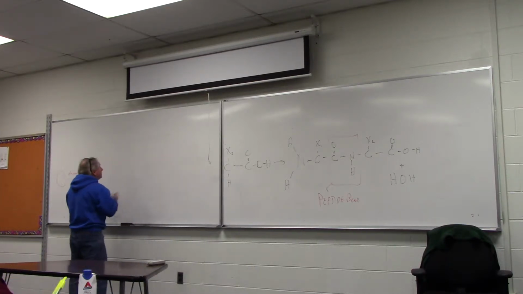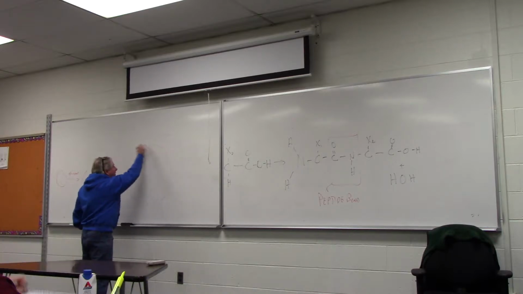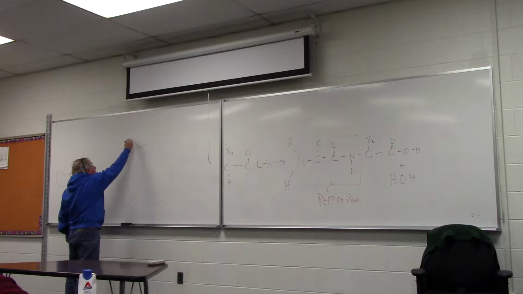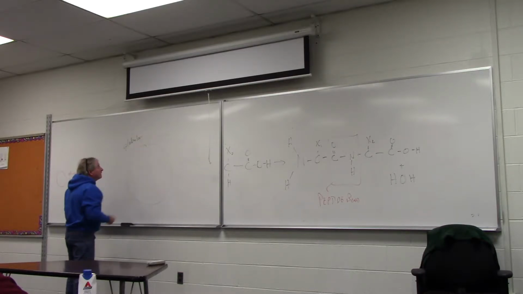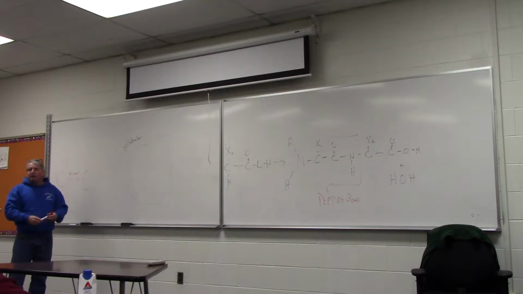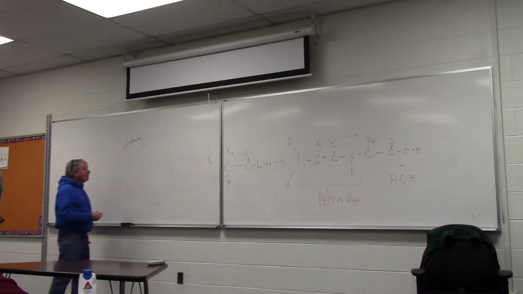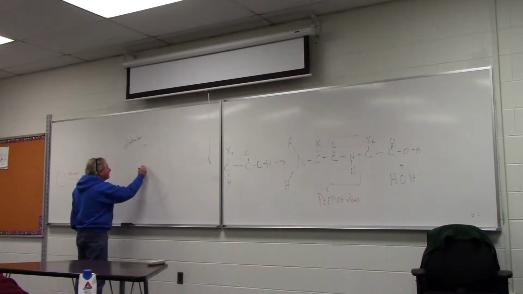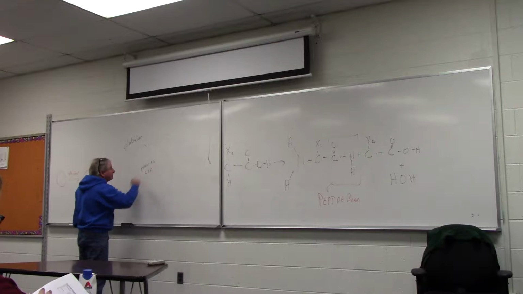So it folds up, and most proteins are globular in their shape, kind of spherical. Not all of them, but they usually have some sort of roundish shape. You have non-polar amino acids in the middle, and they're held together primarily by London dispersion forces.